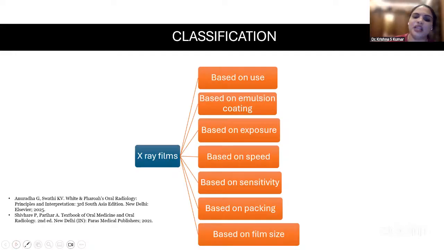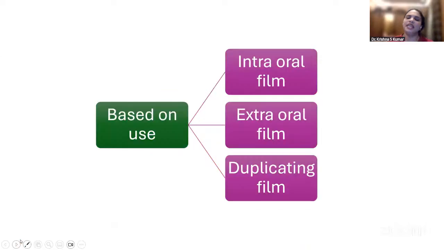This topic also has some details taken from the textbook of Oral Medicine and Radiology by Piyush Shivahari. Coming into details about each one, based on its use: whether it's used inside the oral cavity, extraoral films, or duplicating films.